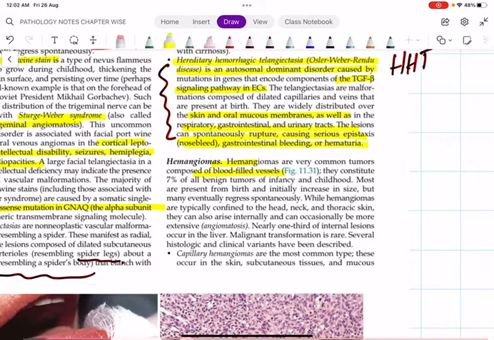See, I remember these hemangiomas will be present by birth, and the size may increase. The patient may approach us when he reaches adolescent age. Fine. So they are typically confined to head, neck and thoracic skin. It doesn't mean that it can't arise internally, but mainly it occurs over the head, neck and thoracic skin. Fine.